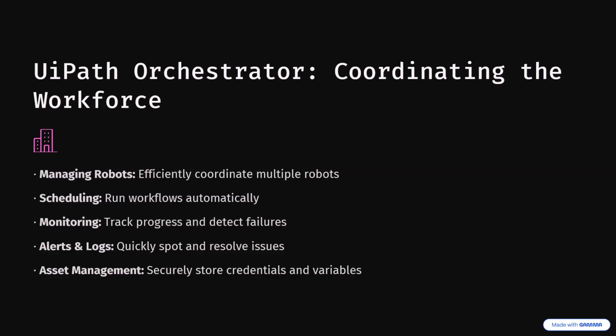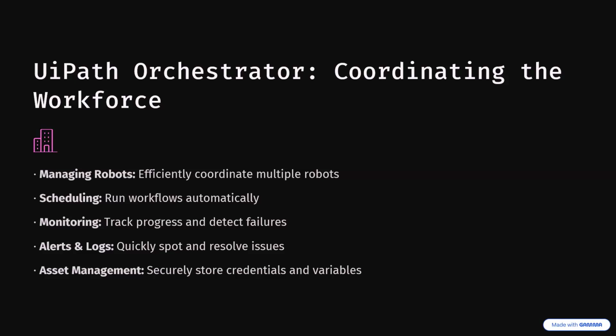And if one robot is busy, Orchestrator can reassign the task to another available robot. It also monitors progress in real time through a dashboard where we can see which workflows are running, which are completed, and detect any failures immediately. If something goes wrong, Orchestrator alerts the team via notifications with detailed logs so the issue can be fixed quickly.